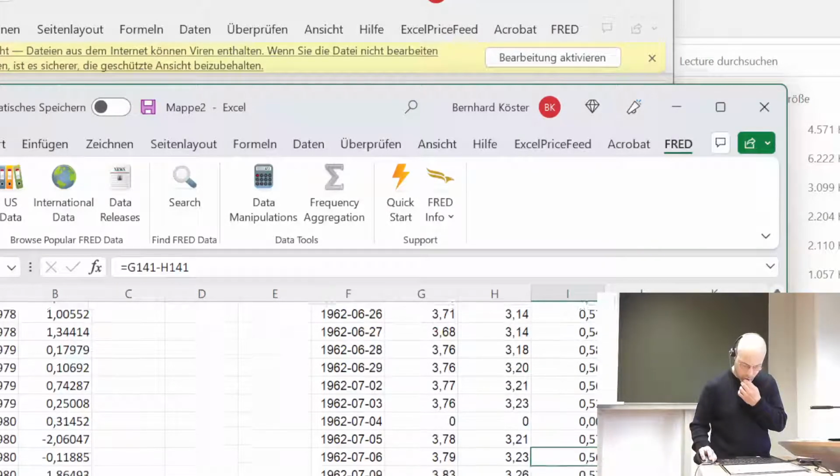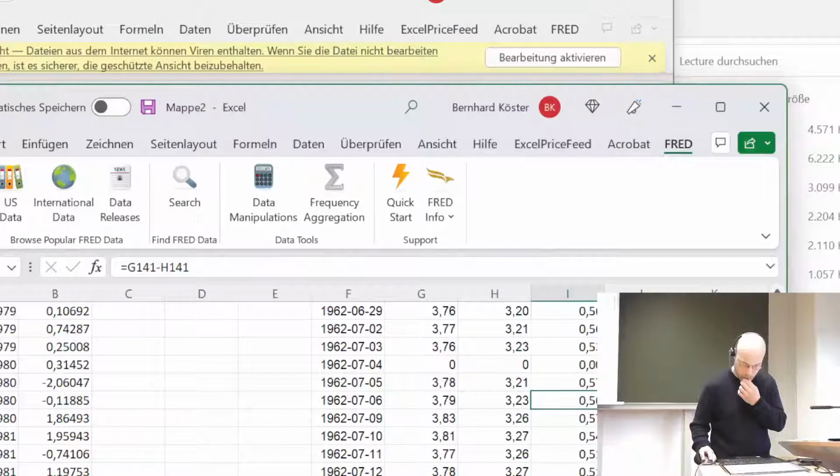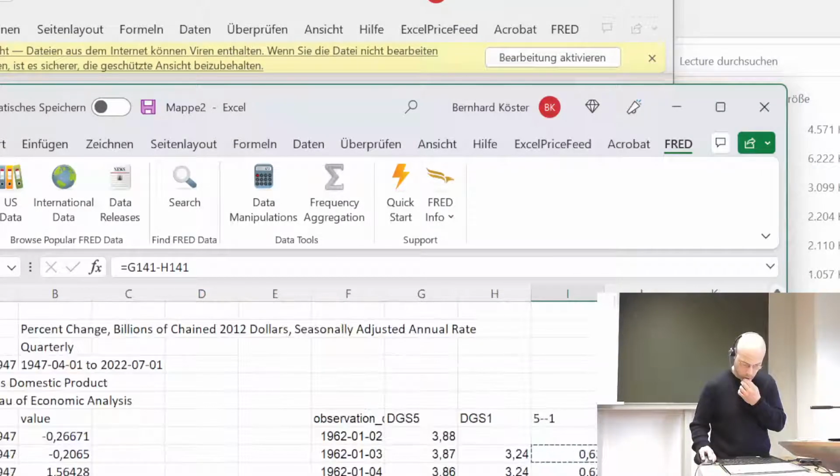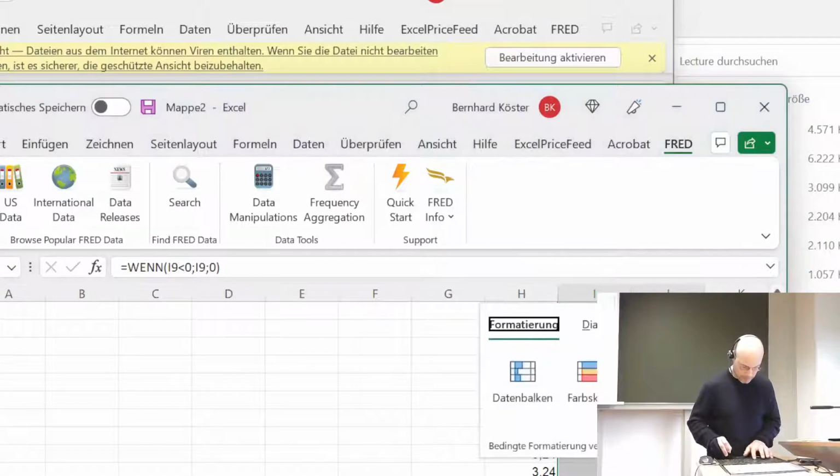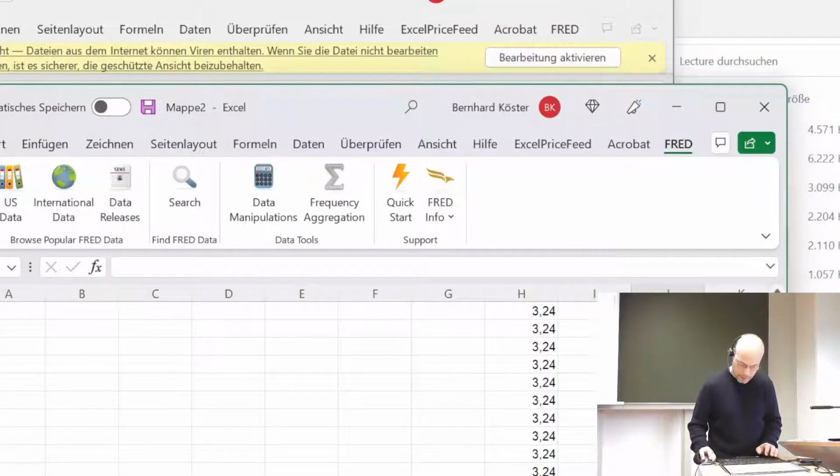How can I get fast downwards here? Let me try this. No, it doesn't work.